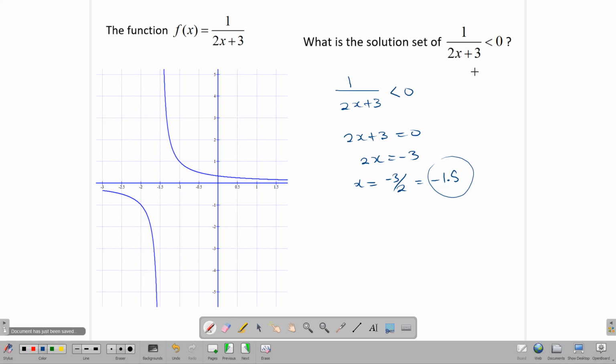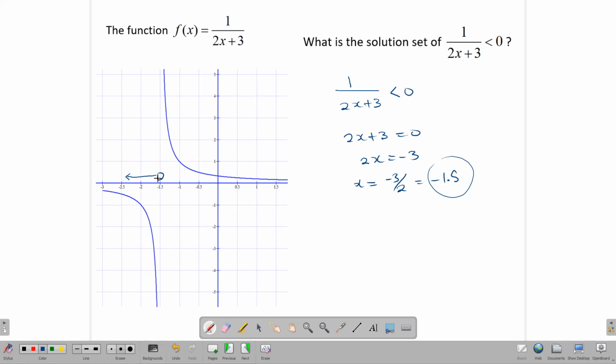But in terms of what values of x would make the function negative, as you look at the graph, you'll notice that from this point onward, going down in this direction, all the values in the range are negative.